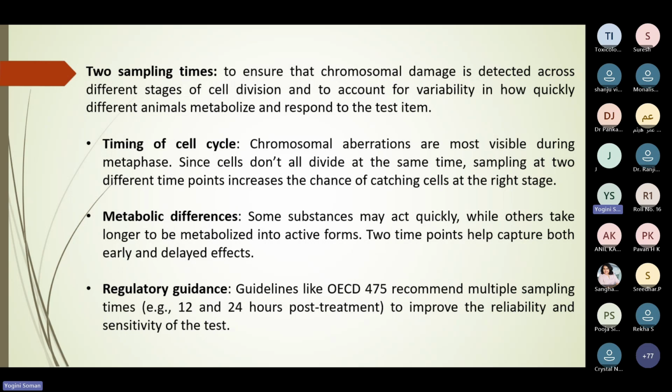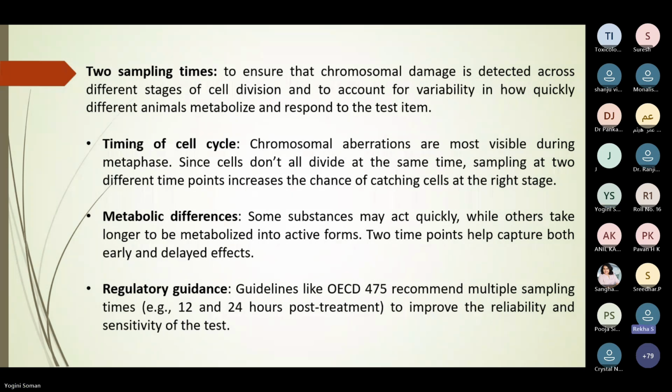Second is metabolic differences. A few substances act very quickly and get metabolized faster than others. So two time points help to capture both early and delayed effects. So we can catch the metabolic differences here.